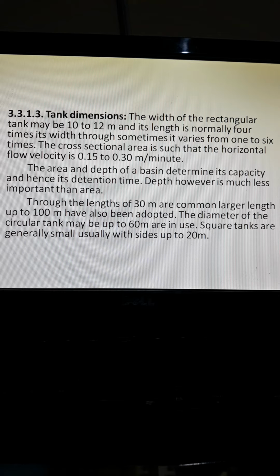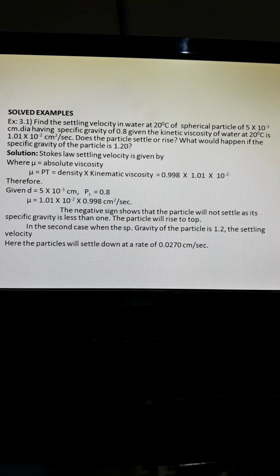Square tanks are also there sometimes, but usually their sides will be up to a maximum of 20 meter. Next, we shall understand these design concepts and how to arrive at the dimensions of the sedimentation tank.